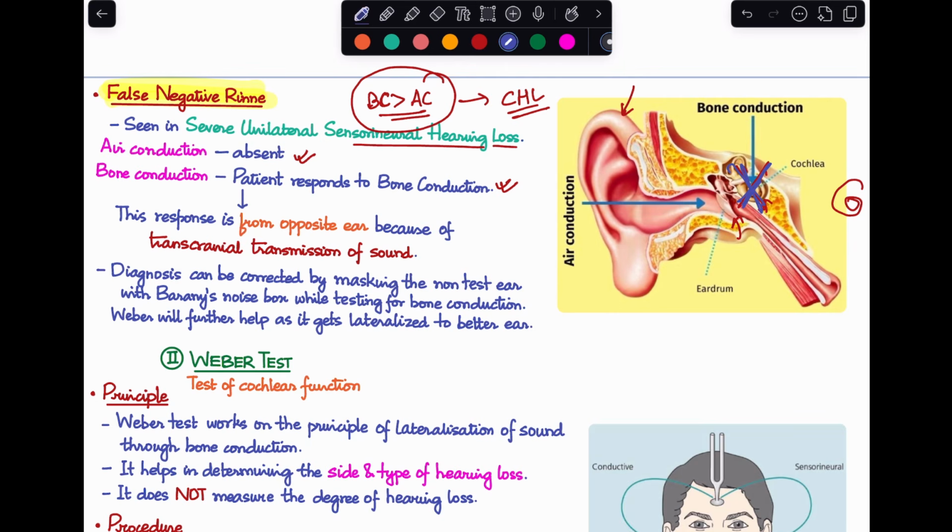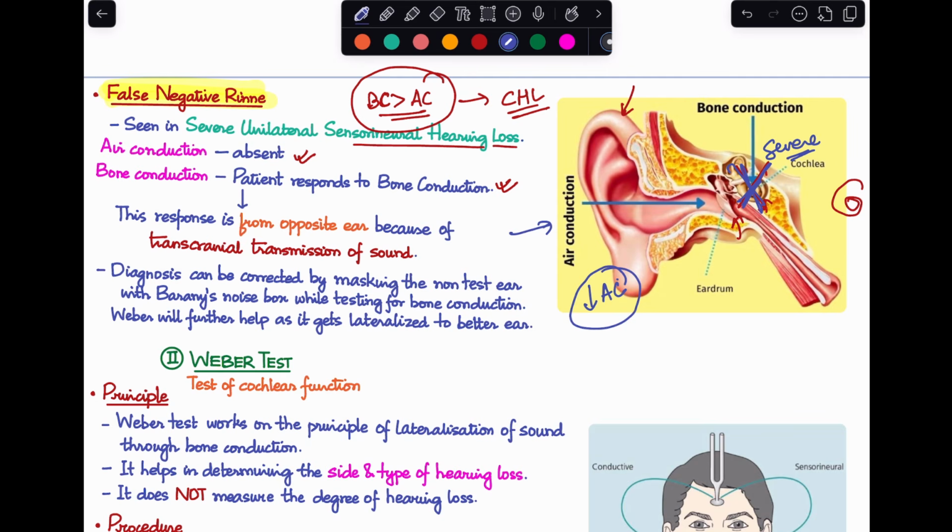When we are trying to check for air conduction, the air conduction will be reduced because the cochlea has been damaged here. Why? Because air conduction is testing both our conductive as well as sensory neural component. So, we'll see a reduction in air conduction.